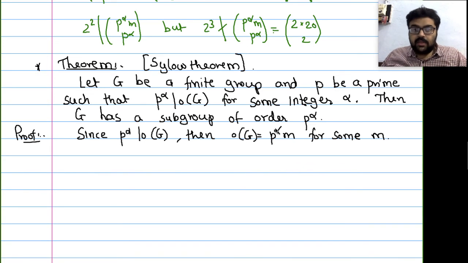Again, what I am saying is highest power is not alpha. So there are more powers we can extract. So m can have powers of p.